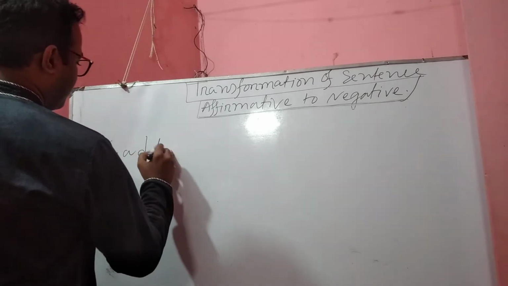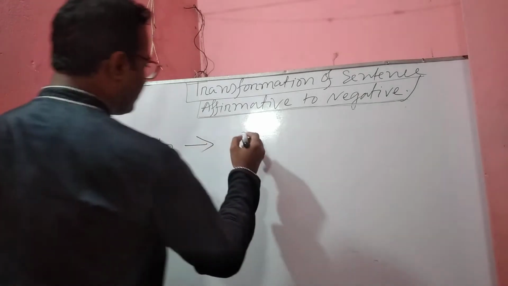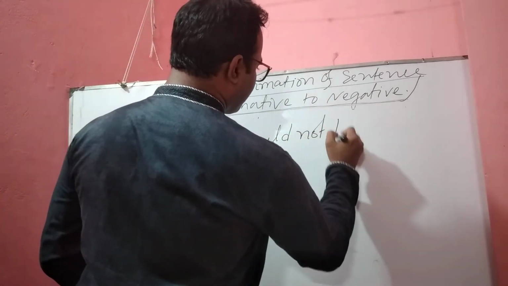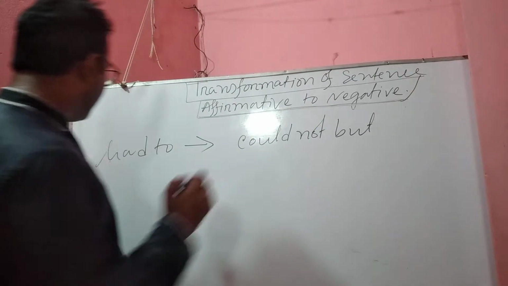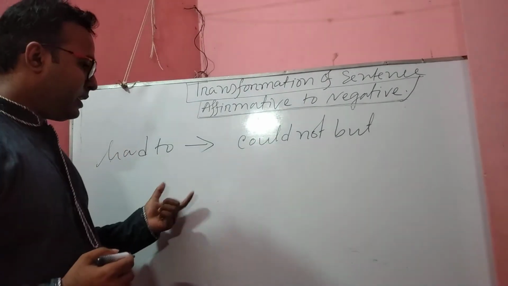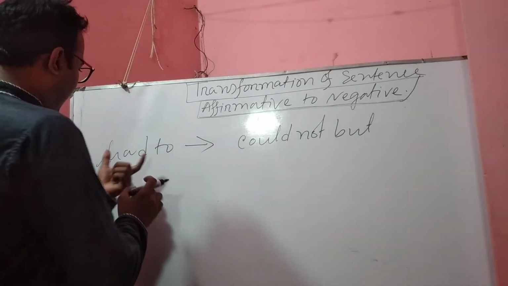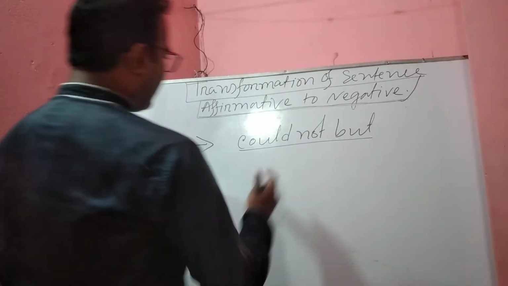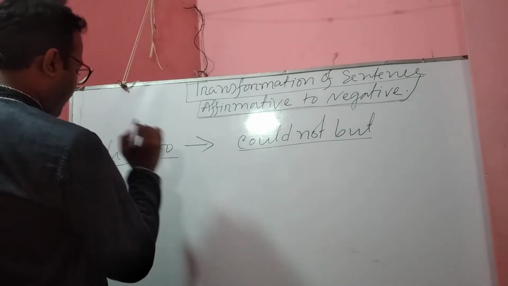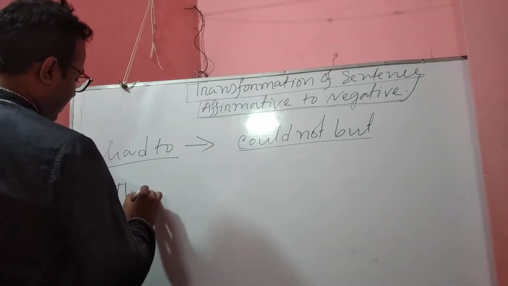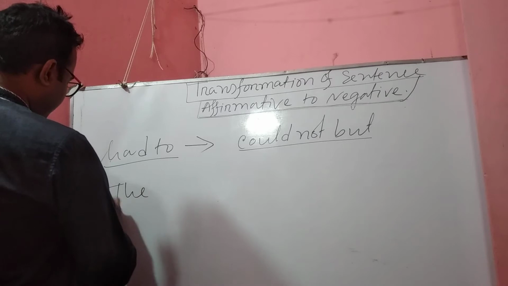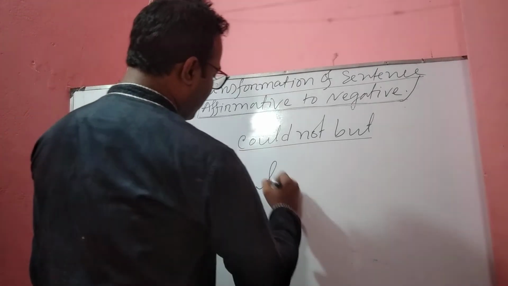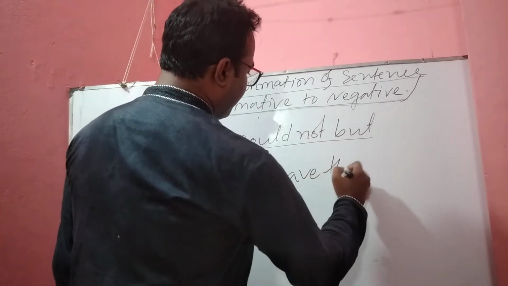Had to. Could not but. That means if you find had to after the subject, you can use could not but instead of had to. Affirmative form: They had to leave the place.